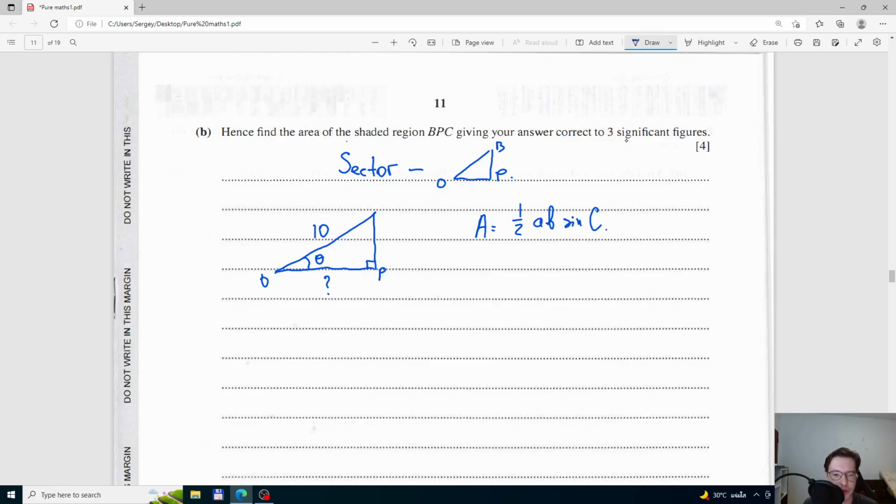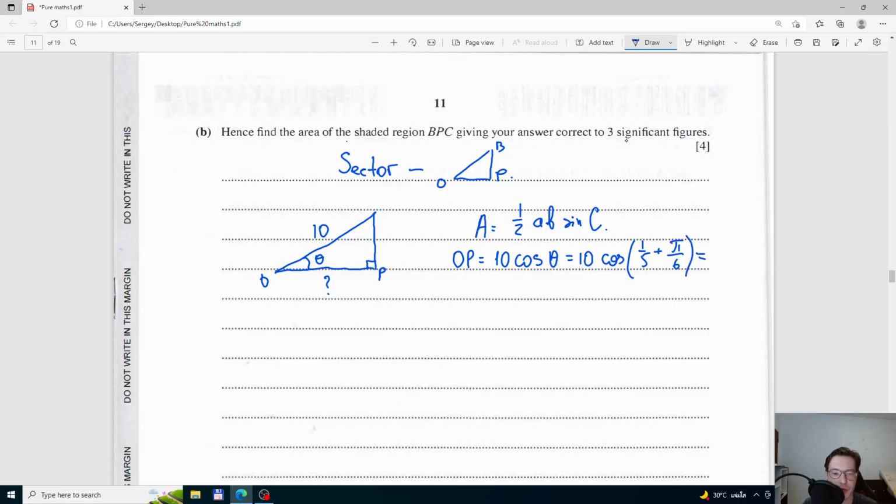Now, I'm looking for the side OP, which is adjacent to the angle theta. Adjacent means cosine, so the OP is going to be equal to 10 times cosine theta, which is 10 times cosine 1 over 5 plus pi over 6.